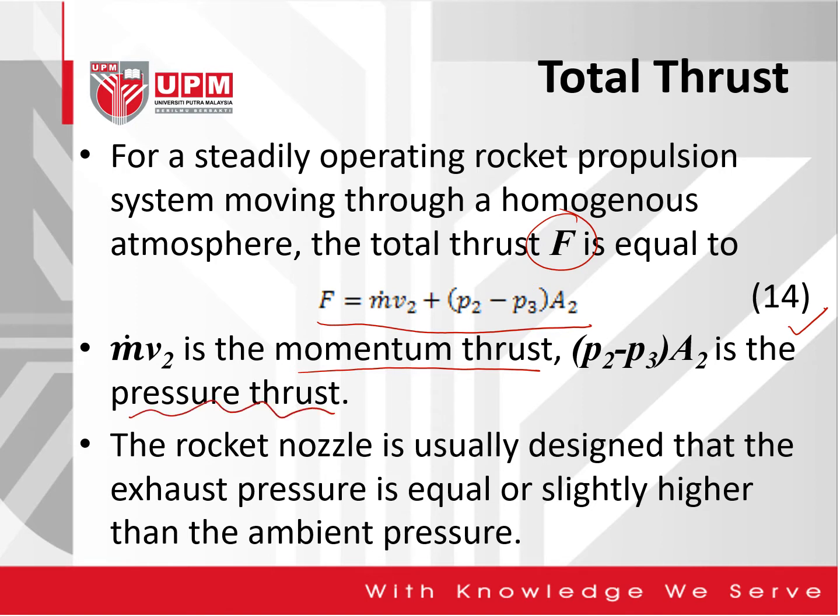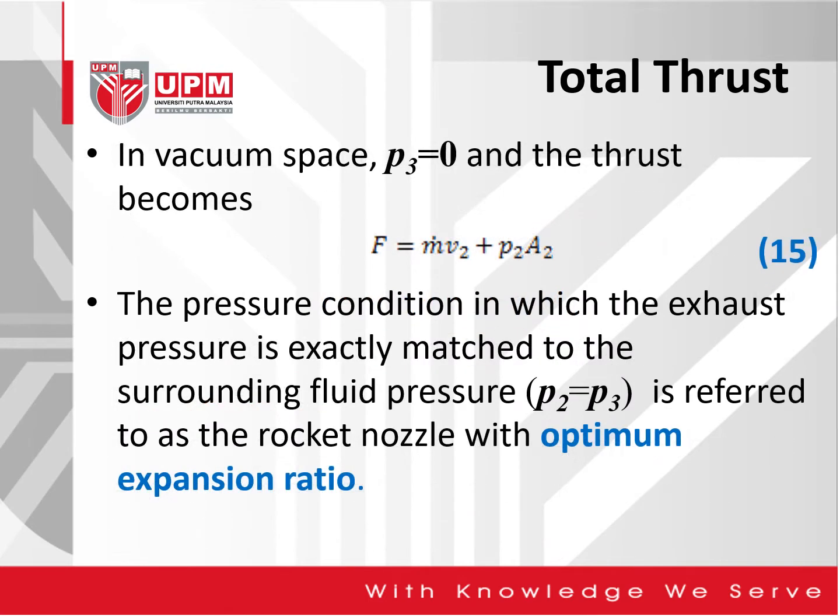The rocket nozzle is usually designed so that the exhaust pressure is equal to or slightly higher than the ambient pressure, which is P3. So when we look into vacuum space, we know that P3 equals 0 and the thrust becomes expression number 15, which is equal to the momentum plus the pressure in the chamber times the area in the chamber.